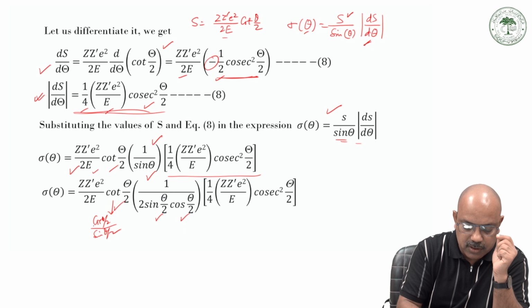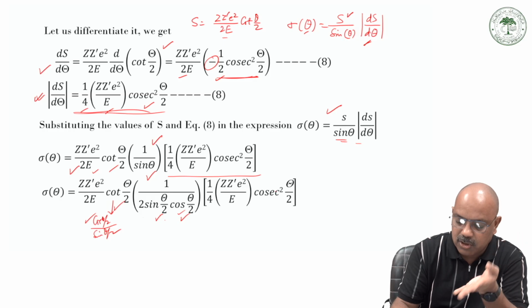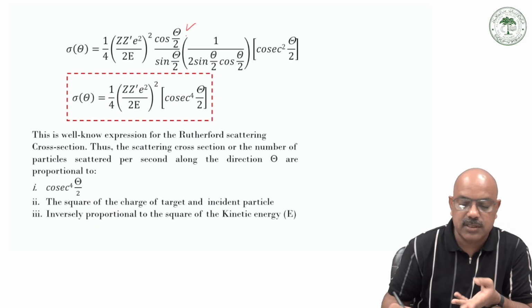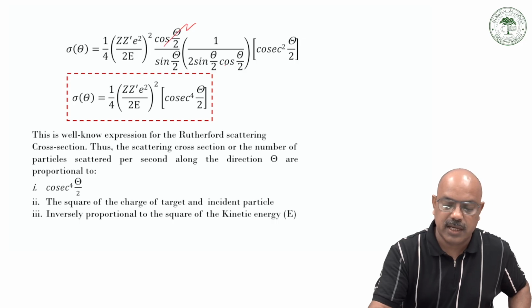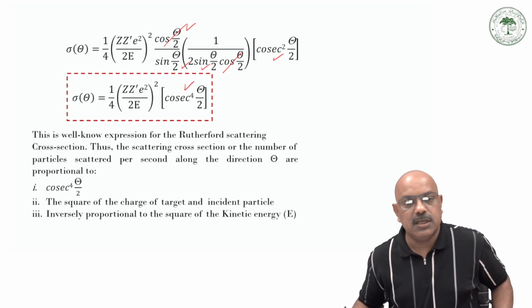So the cos theta by 2 will cancel out, and then I have 2 sine square theta by 2, and this is going to be cosec to the fourth of theta by 2.